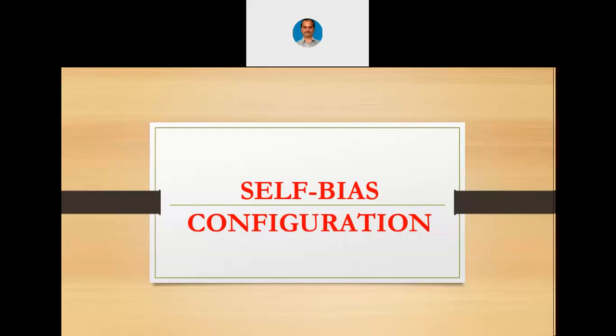The mathematical approach is the accurate one, but the mathematical approach can be slightly difficult in case of self bias and voltage divider bias. It was easy in case of fixed bias, but we will not be using fixed bias because of the instability of the Q point, and this we had already seen in the case of BJT circuits. So today let us see the self bias configuration.